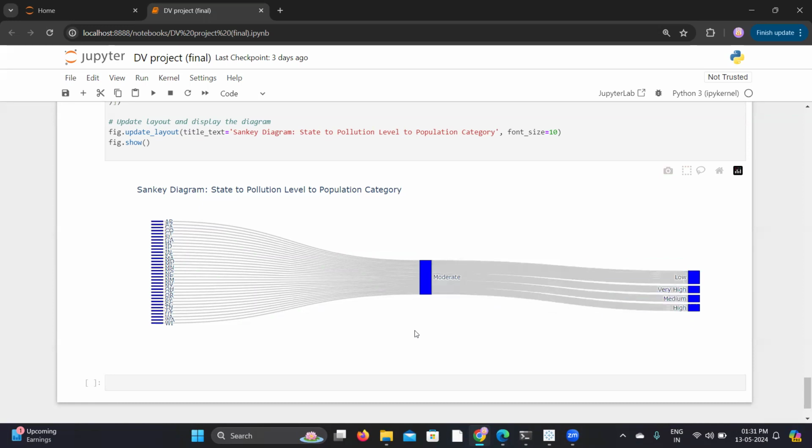So this indicates that while pollution levels are consistently categorized as moderate across the board, the impact on population mobility varies, potentially reflecting different urban planning and public health responses to environmental conditions in these states. This diagram simplifies complex data, offering a streamlined view of state-level pollution impacts on population behavior.